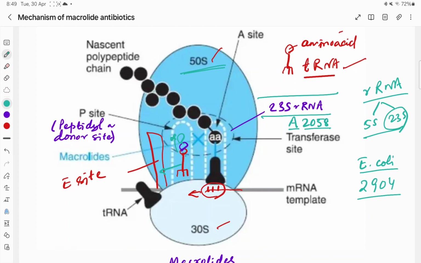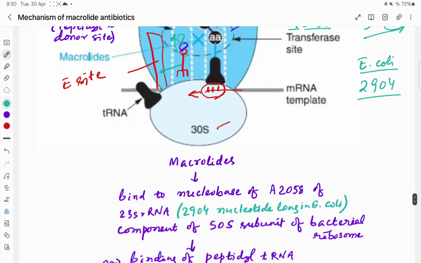What is the function of this binding? This is essential for binding of peptidyl tRNA with the ribosomal P site. So that tRNA binding is inhibited and hence the protein synthesis is inhibited.